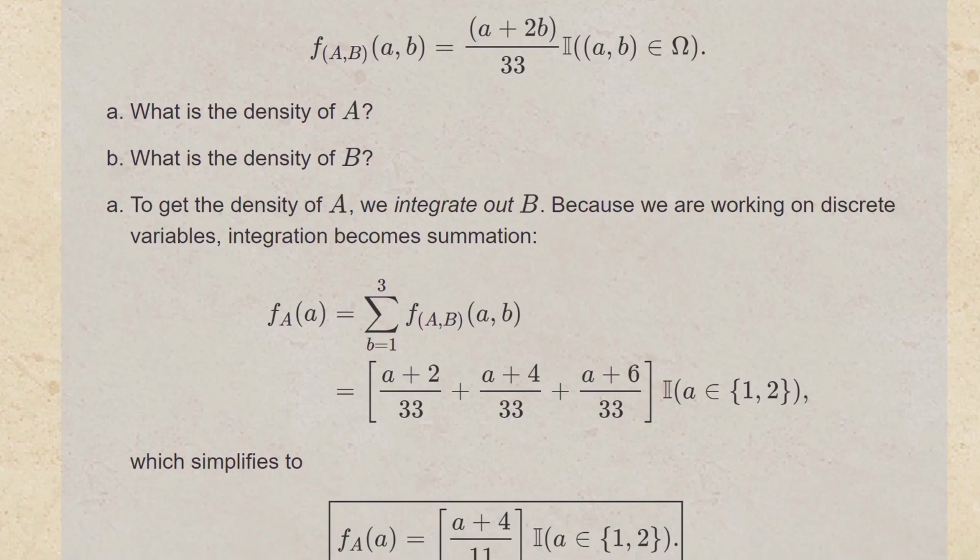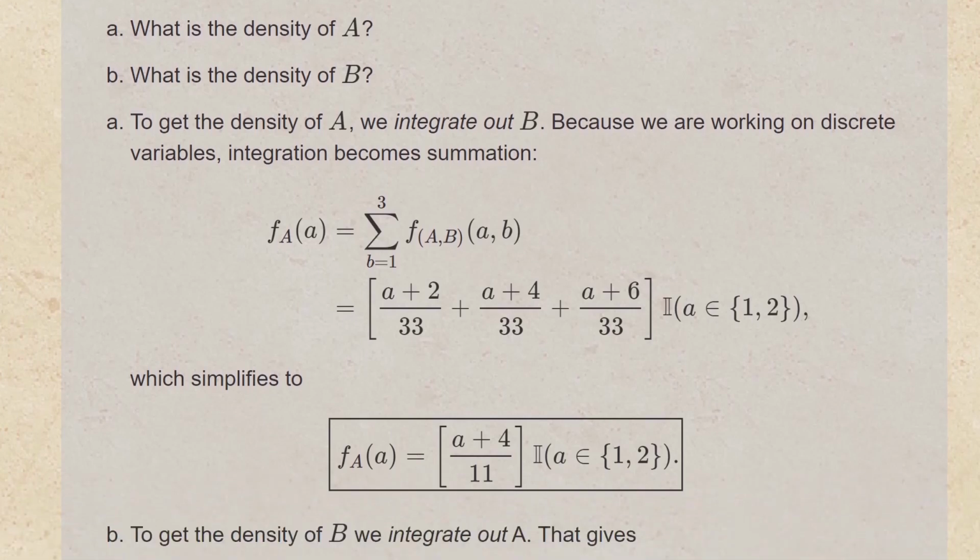That sum becomes (a plus 2) over 33 plus (a plus 4) over 33 plus (a plus 6) over 33, times the indicator that little a is between 1 and 2. Adding those together, we get (3a plus 12) over 33, and canceling out a 3 leaves us with (a plus 4) over 11 times the indicator that a runs from 1 to 2.